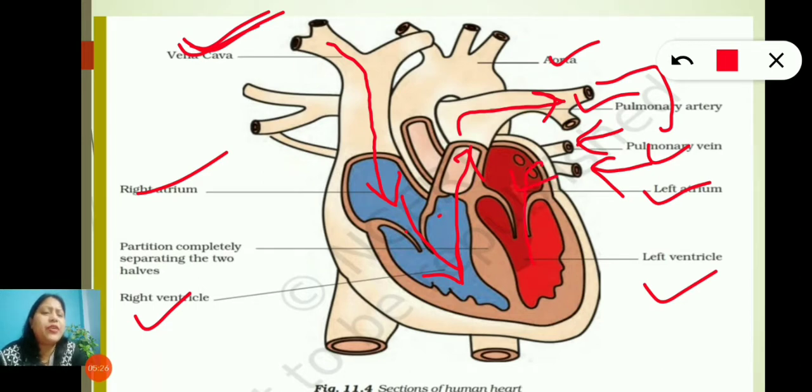From the left atrium it goes to the left ventricle, and from here it is pushed into the aorta. The aorta distributes the oxygenated blood to the different parts of the body. This is how blood circulates inside the heart. So this is the working of the human heart. I hope you have understood that.